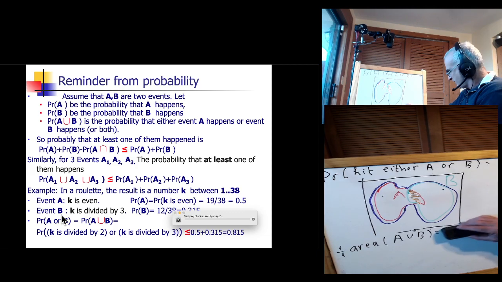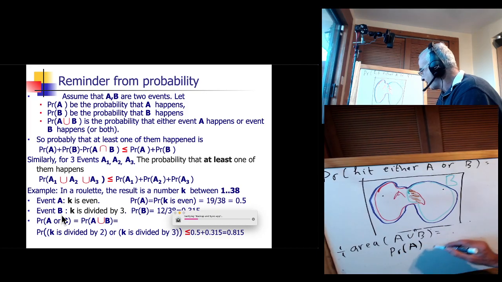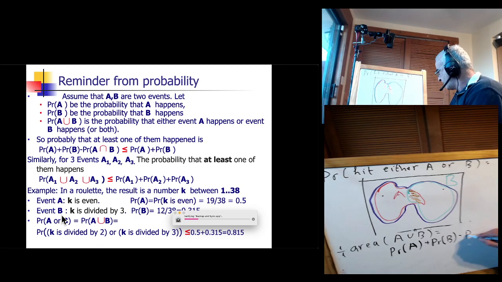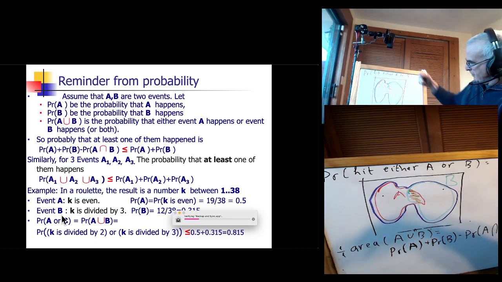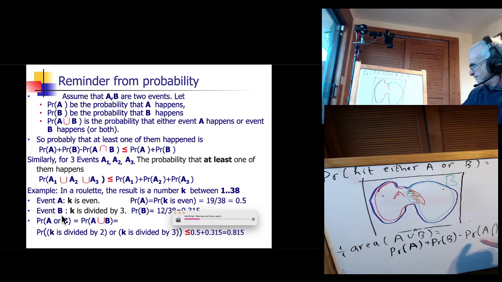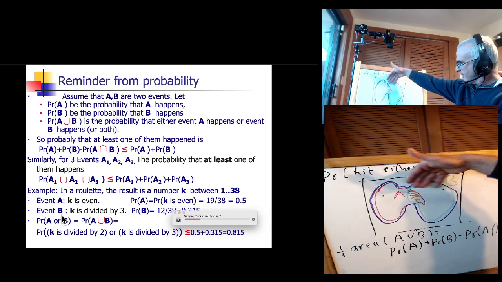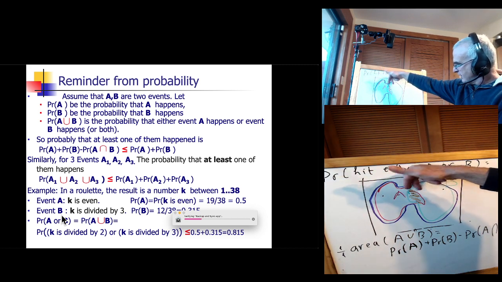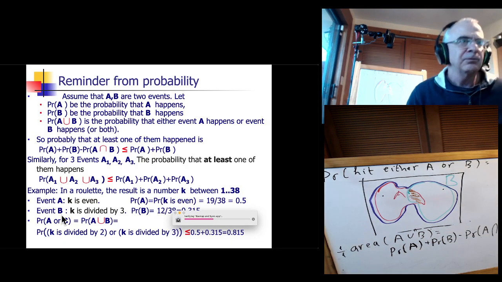So the exact formula is probability of A plus probability of B minus probability of A intersection B. That is, when I throw my cap, I hit the area in the intersection. Why do I need to remove it? Because the area of the union is the area of A plus the area of B minus the area that I double counted, which is the intersection between A and B, which is exactly the probability that I hit right here in the middle.